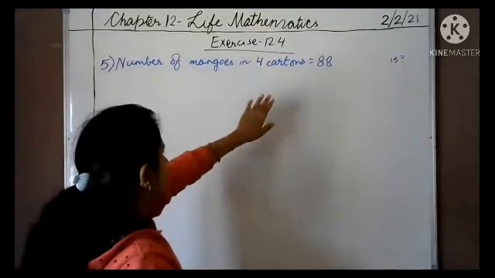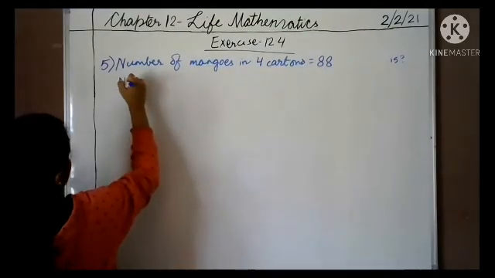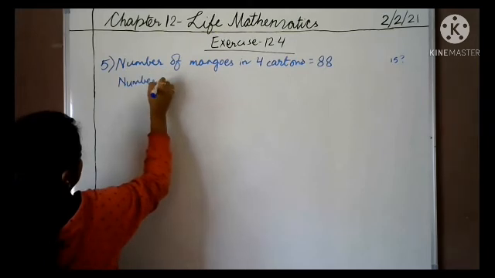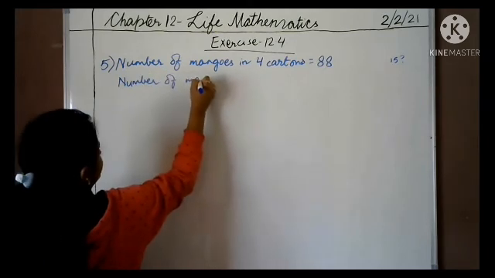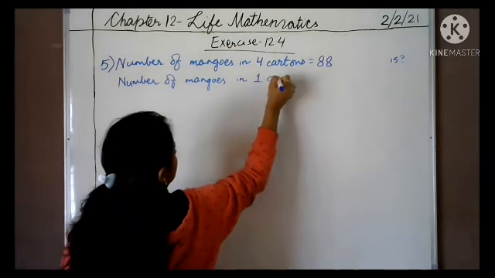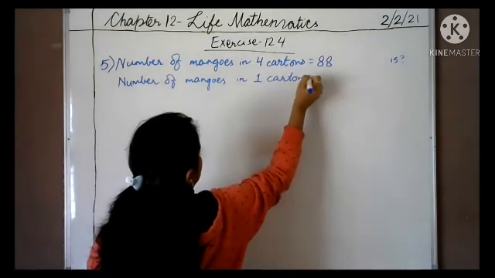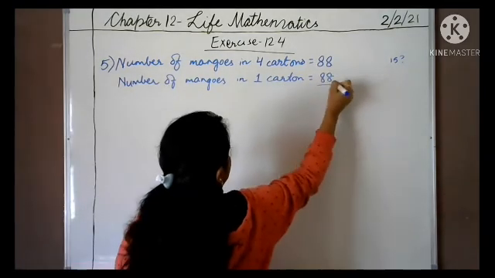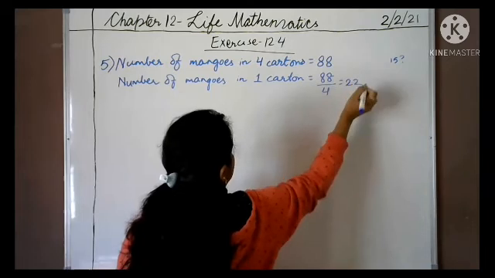So we have written the statement. Now we will find out the number of mangoes in one carton. 88 divided by 4, which is equal to 22.